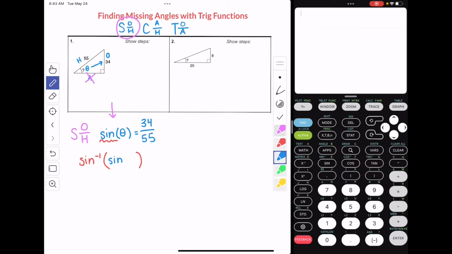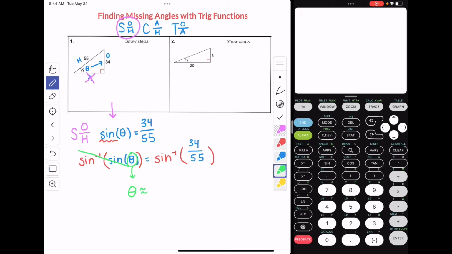So you're taking the inverse sine on both sides. And on this side, I'm just keeping that fraction that we had, 34 over 55. I know that on the right-hand side, inverse sine and sine are going to cancel out. All that I'm left with is theta.